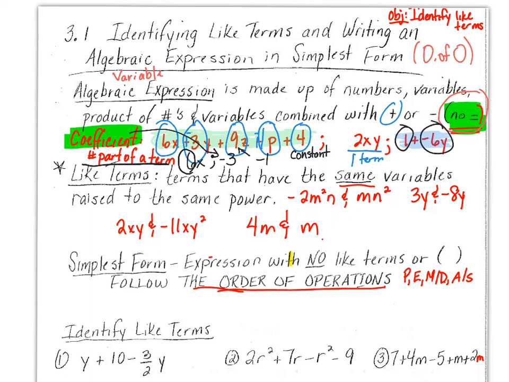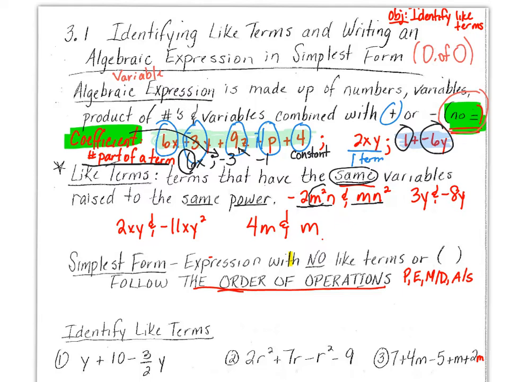So again, like terms have the same variables raised to the same power. Let's look at a few of these. We have negative 2mn squared and mn squared. Are those going to be like terms? Well, look.